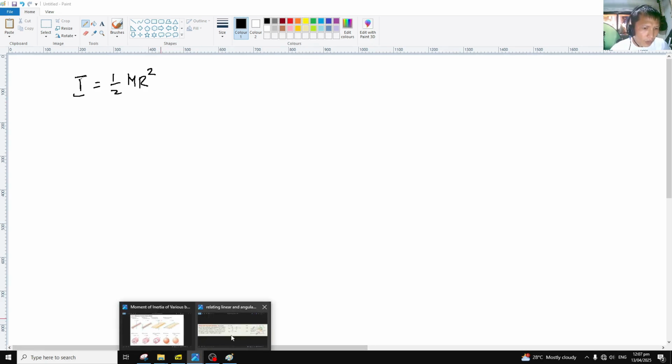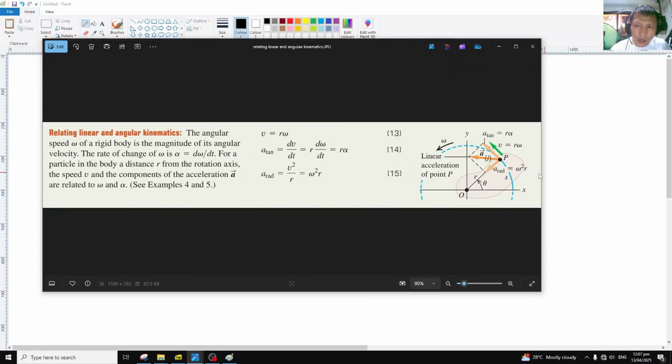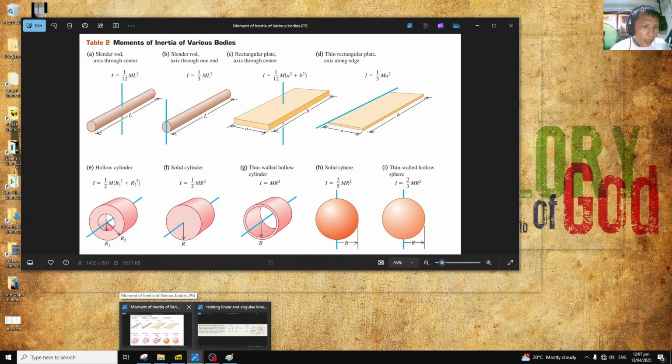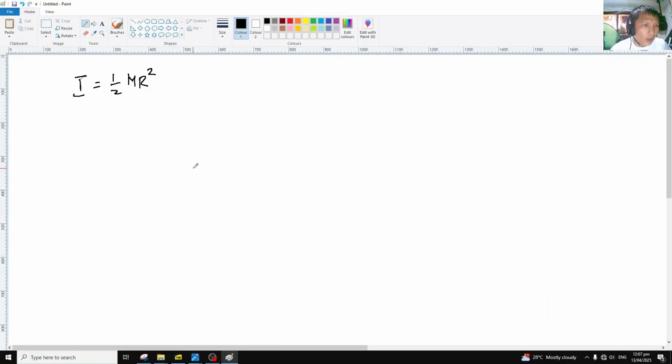Next na formula natin dito: I is equal to 1/2 mr squared.